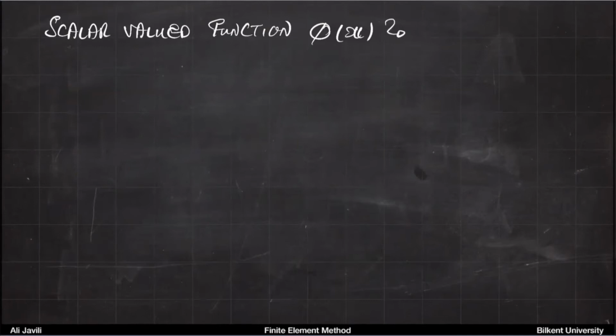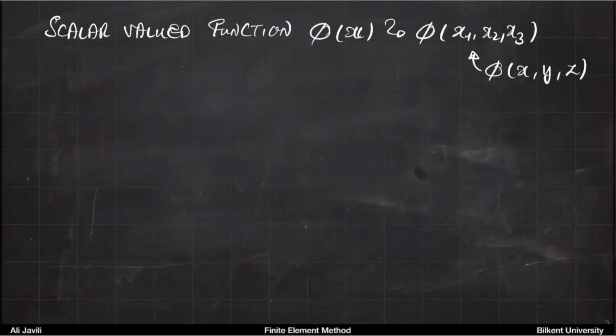That means phi is a function of x1, x2, x3, which again, in your old notations, that would mean it's a function of x, y, z, if you think of coordinates x, y, z.